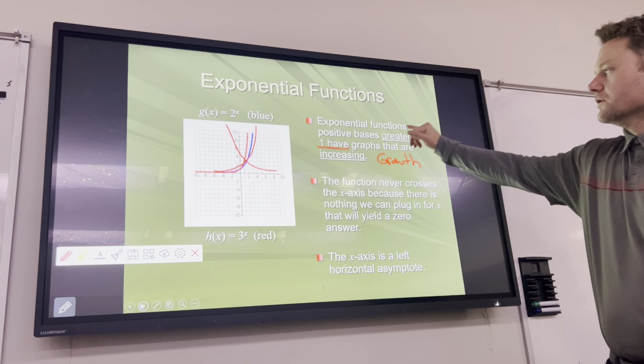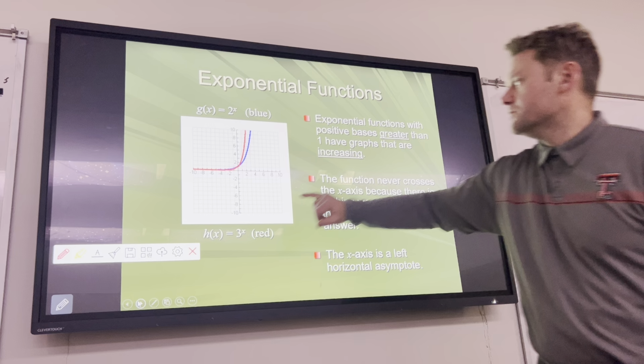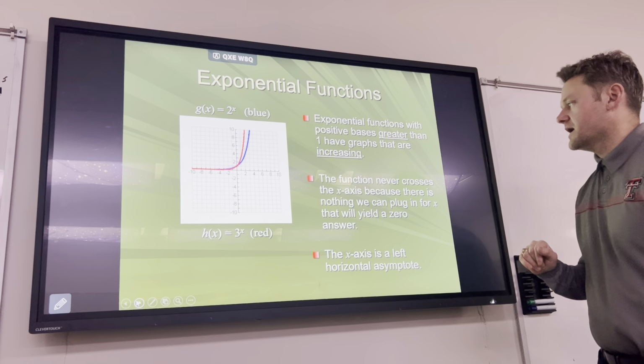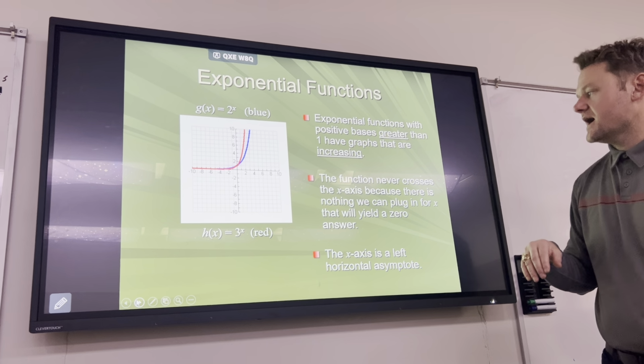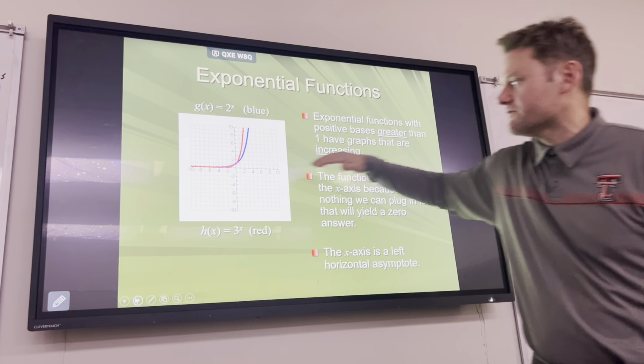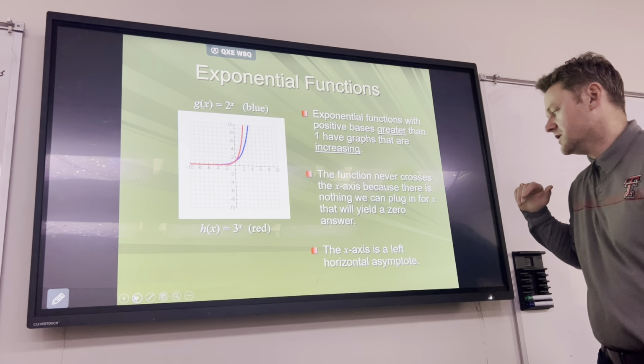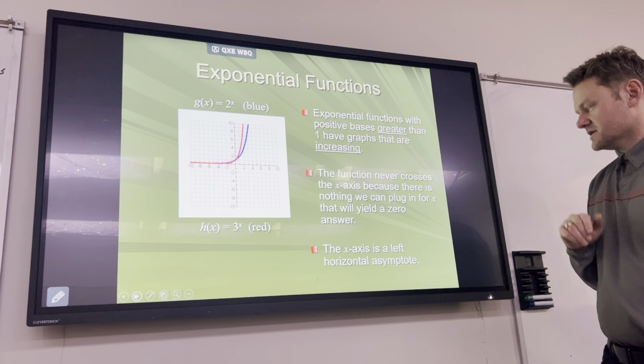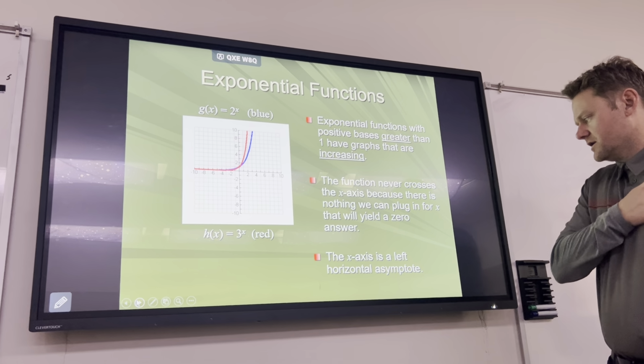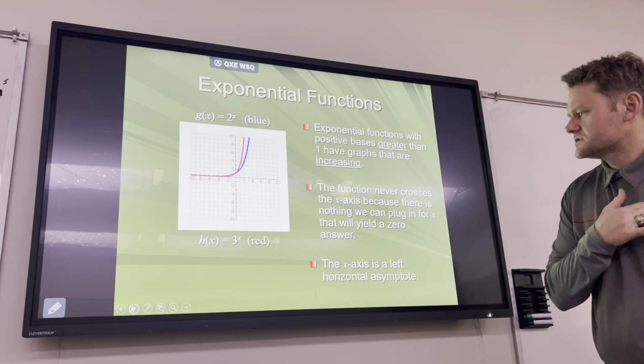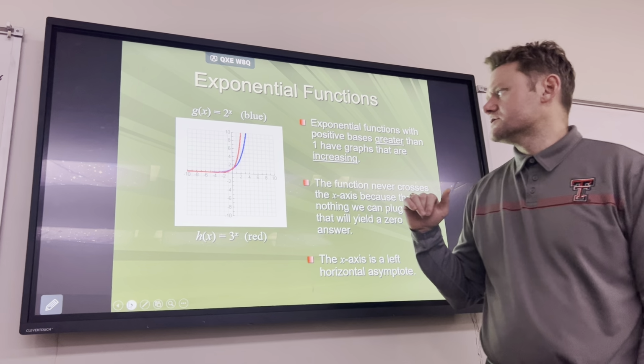If your b value is less than 1, it will be decay. The function never crosses the x-axis, right? Because we get really close. We have that asymptote at y equals 0. The x-axis is a horizontal asymptote. All right. Go ahead and go to the next slide now.